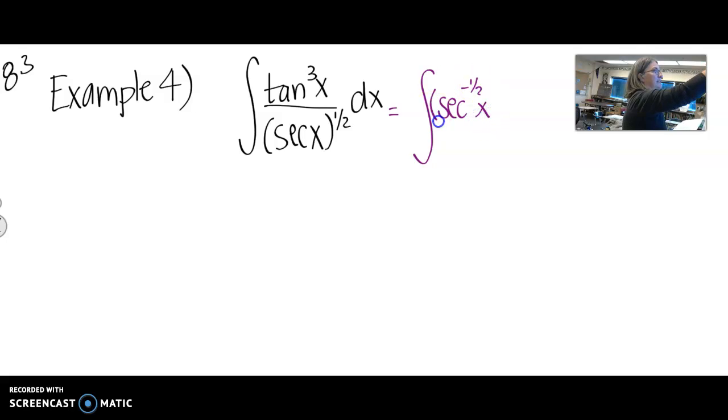So I'm going to bring that secant up, and then I have tangent cubed x dx. That's just bringing it up and turning the exponent into a negative. All right, next step, I'm going to convert to secant x tangent x.